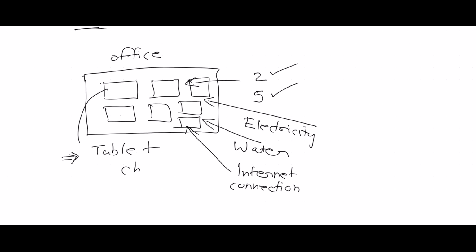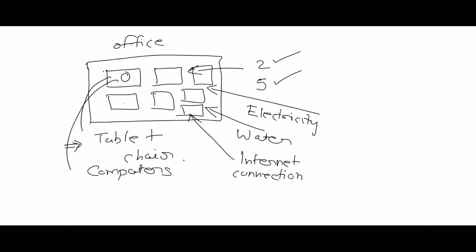Now, that is not enough. Once the table and chair are there, what do you need? Computers. Suppose there is a computer here, 2, 3, 4, 5, 6, and 7. All these computers need to be connected to the LAN.